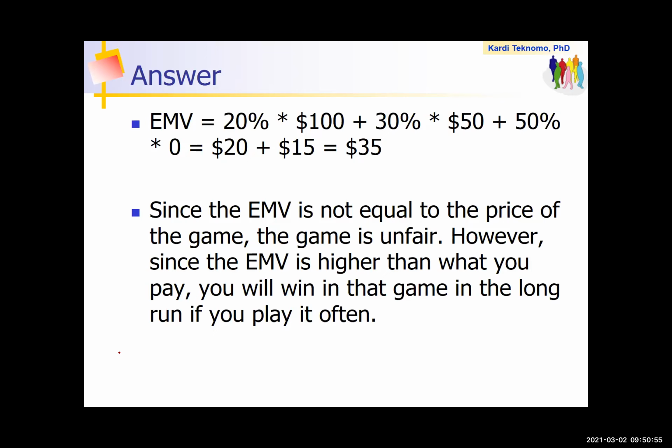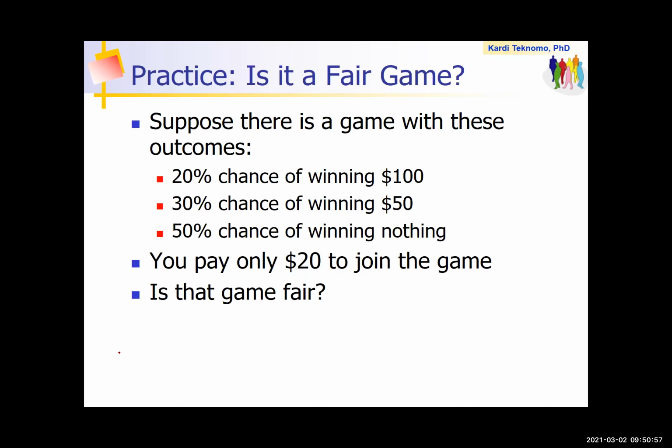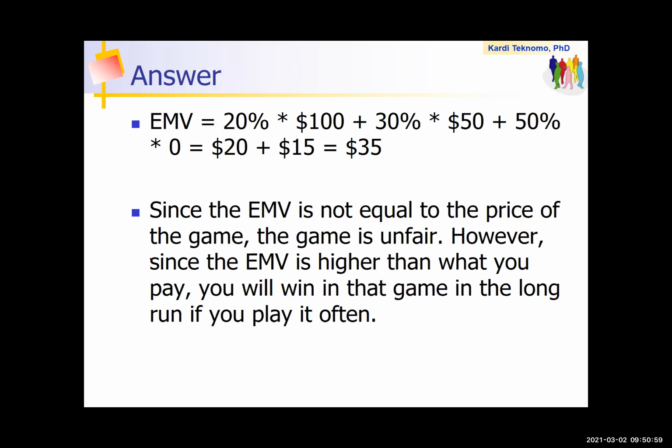So the EV is 20% times 100, 30% times 50, and 50% times 0. If you sum, you get 35. So the EV is not 0, in this case positive.